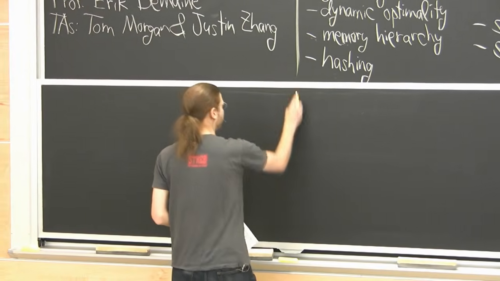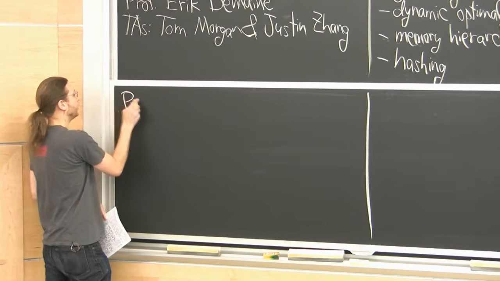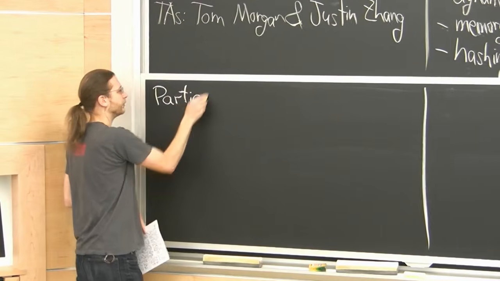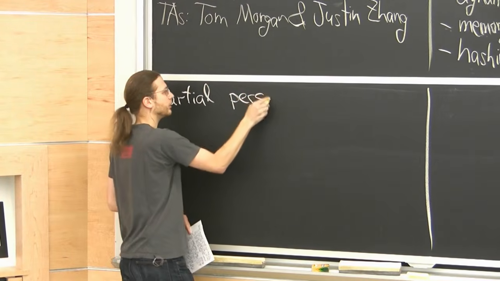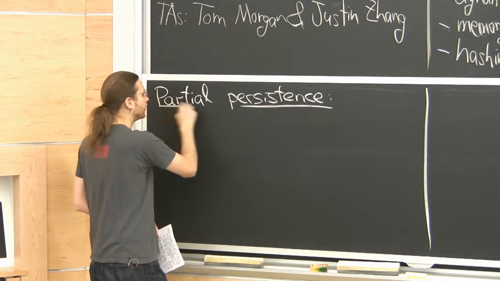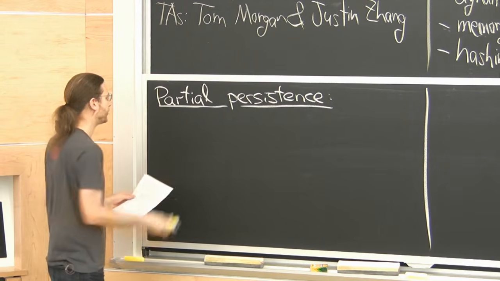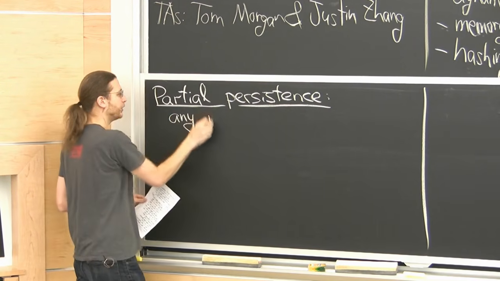Well, let's do some real data structures. We start with partial persistence. This is the easiest. But for both partial and full persistence, there is the following result.